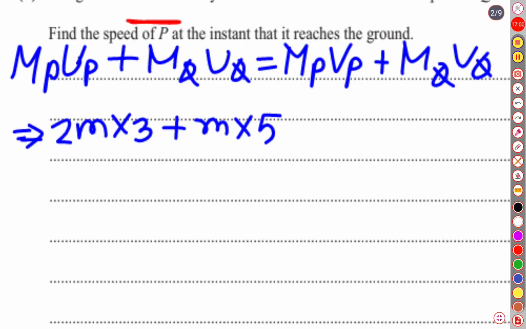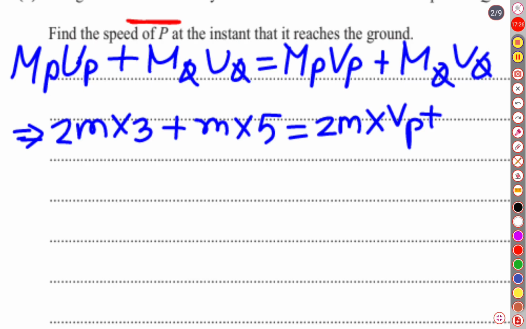As both of the particles were moving in the same direction, the sign in front of them will be the same. Then the mass of particle p is 2m into the final velocity, vp, to be obtained, and the direction must be the same because after collision both of them were moving downward.